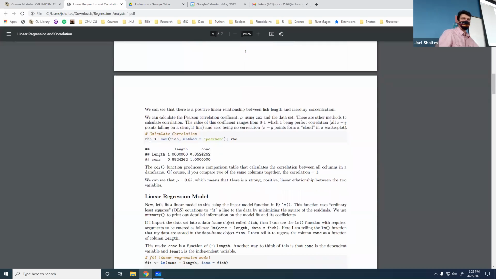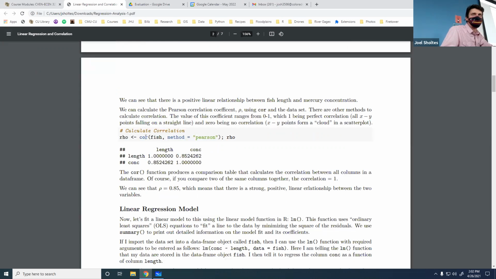The next thing we can do is look at the correlation, and we'll talk about this next time. There's a function, it's just cor, C-O-R. You put in the data, there are different methods to calculate correlation, and it'll tell you the correlation of every variable with itself. So if you have a data frame with 6 different variables, it'll tell you the correlation of each variable compared to all the other ones, right?